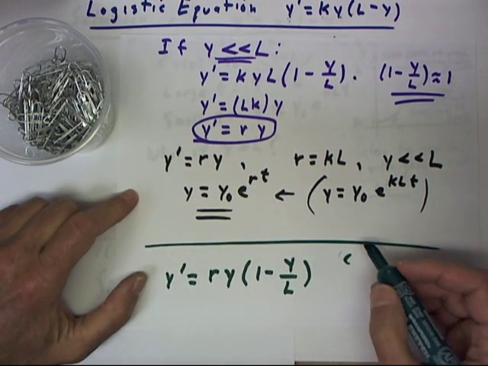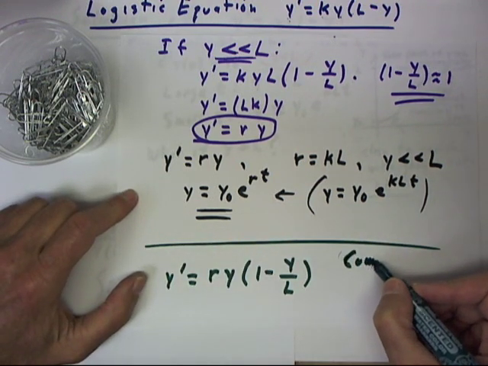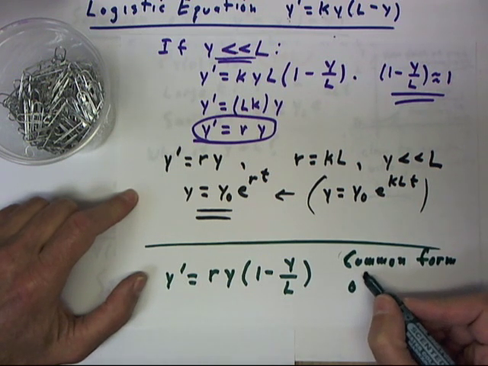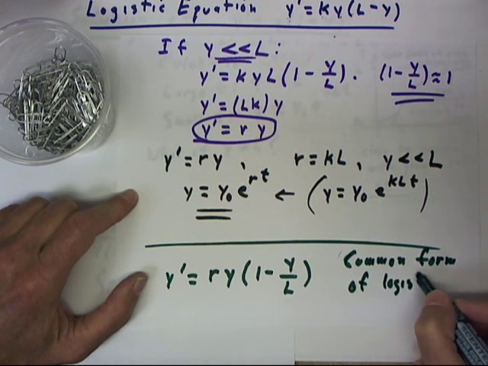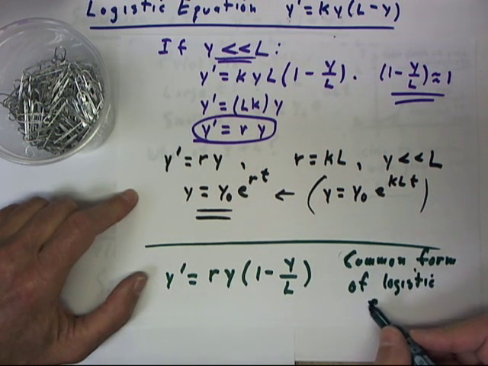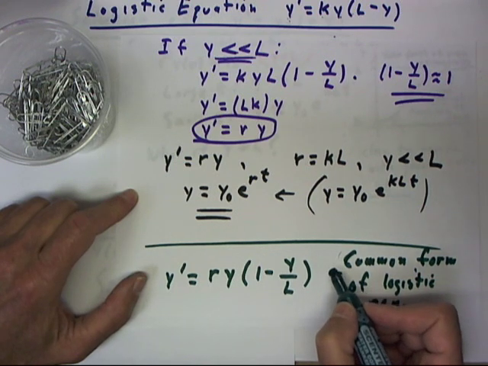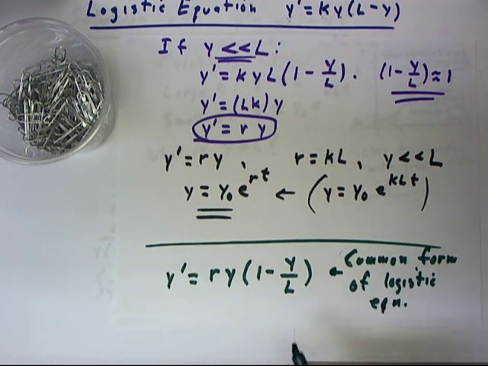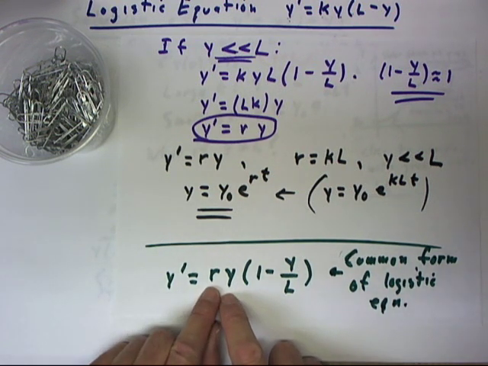so that a common form of the logistic equation is what you see here: y prime equals ry times 1 minus y over L. This does have the advantage that r is your initial growth rate.